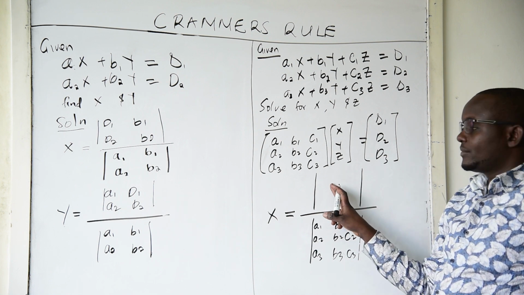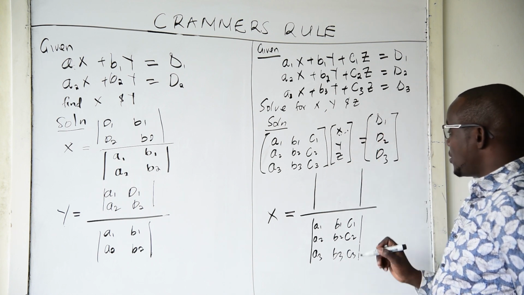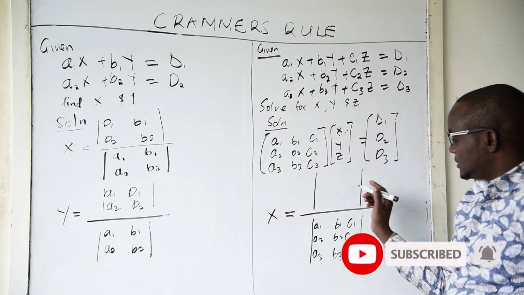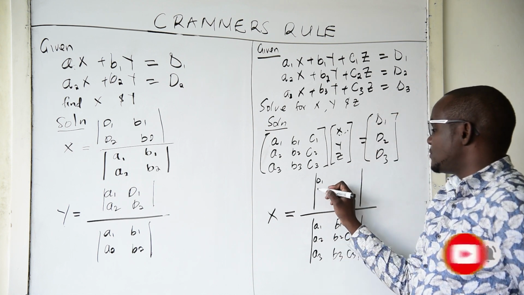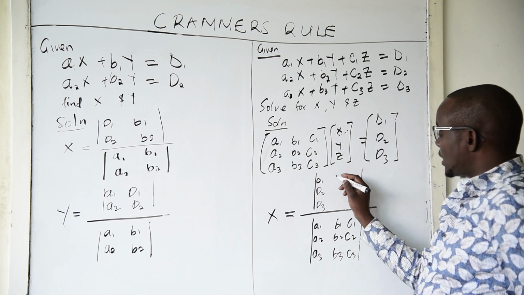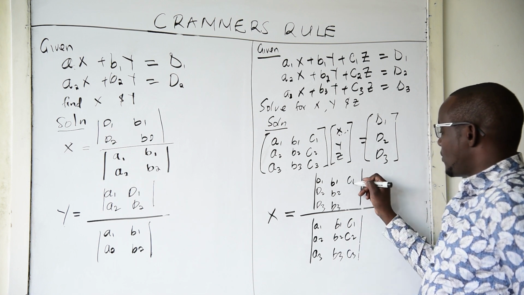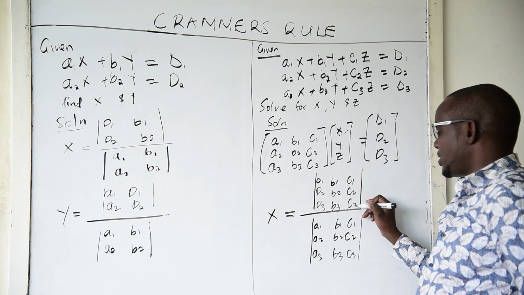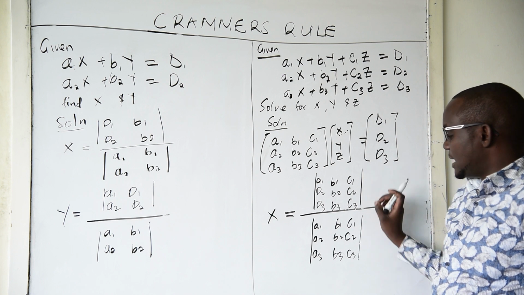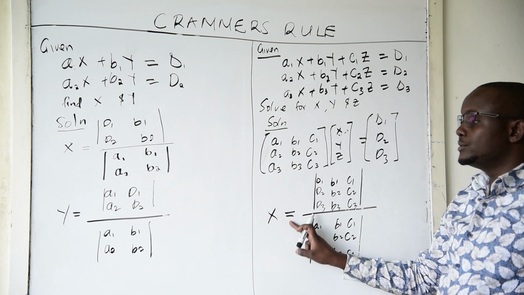The numerator, I'll pick this, but since I'm looking for the very first independent variable, I replace the first column with my constants. So the first column becomes D1, D2, D3, then I maintain the other two columns, B1, B2, B3, C1, C2, C3. In other words, if I get the determinant of this matrix divided by the determinant of this matrix, I will comfortably get the value of x.